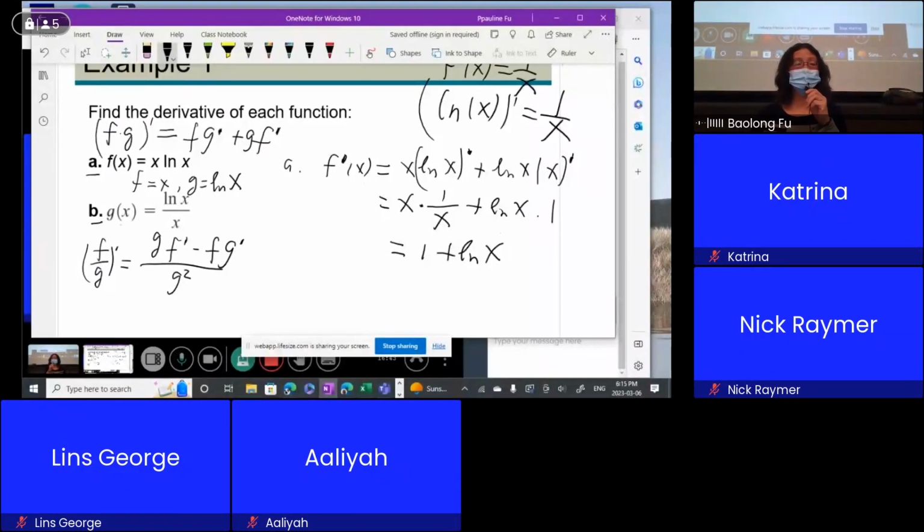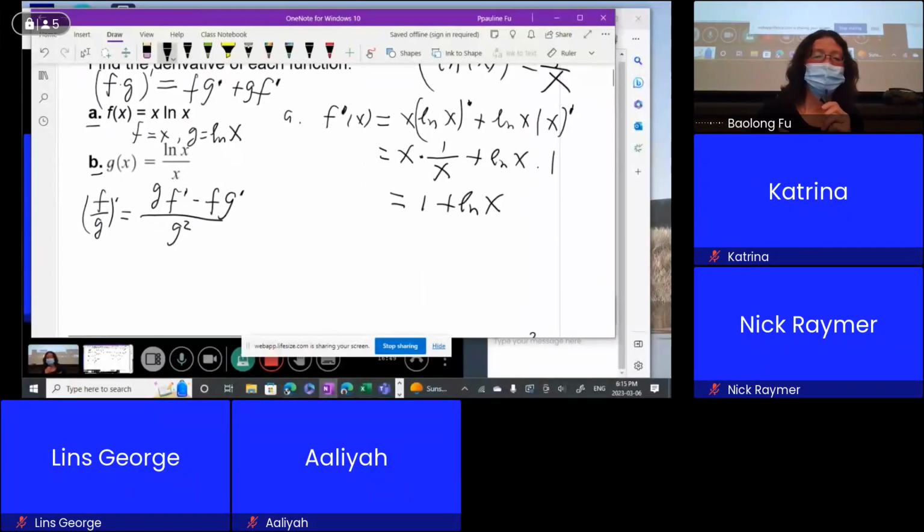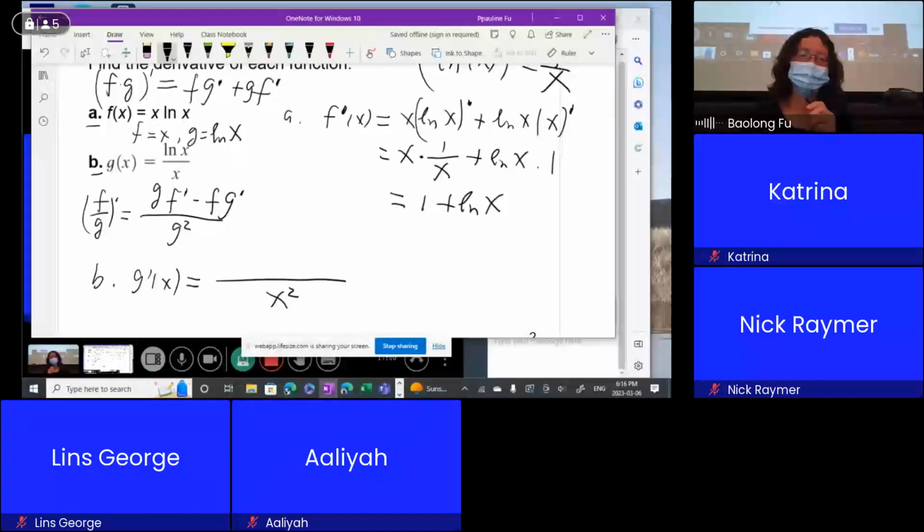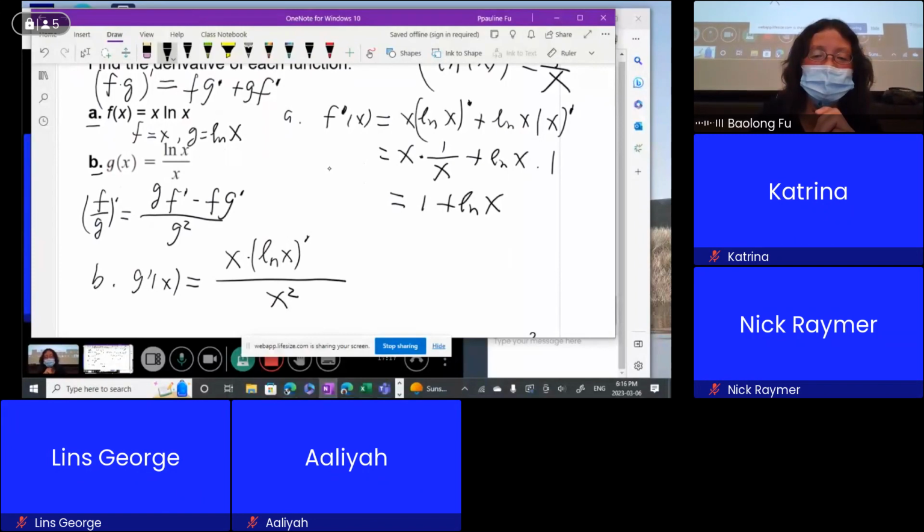So apply this to B: square on the bottom, and then on top, the derivative of ln x times x, minus ln x times the derivative of x.